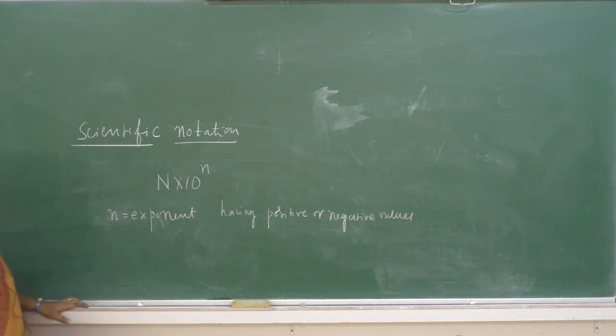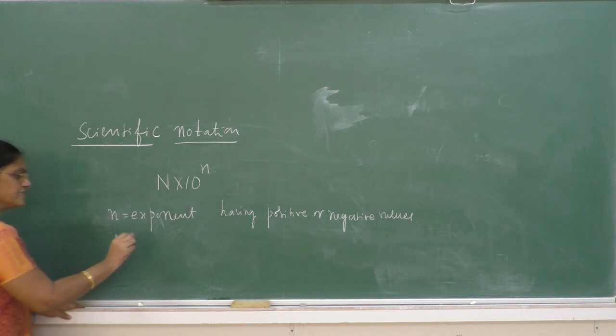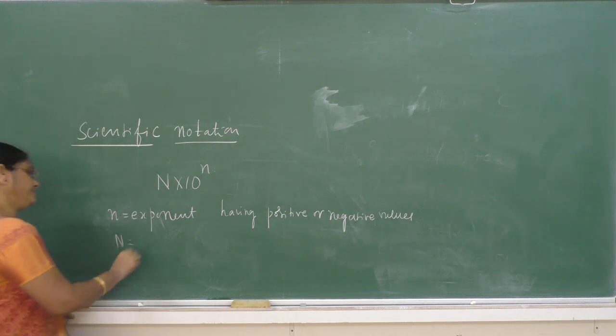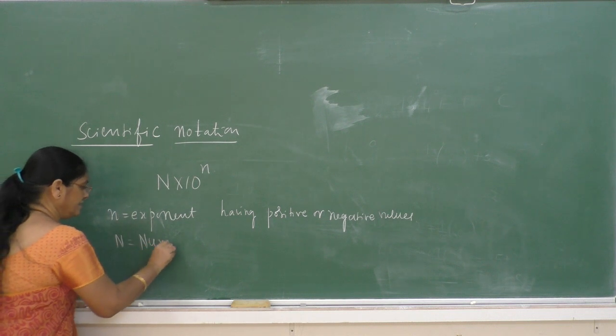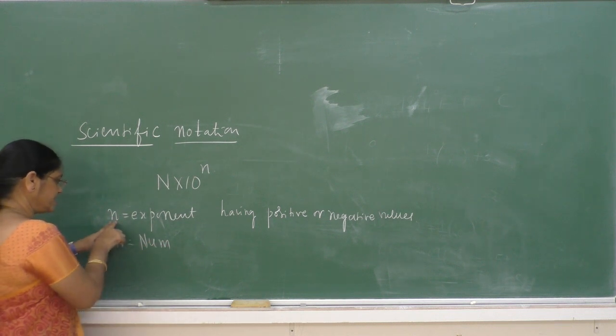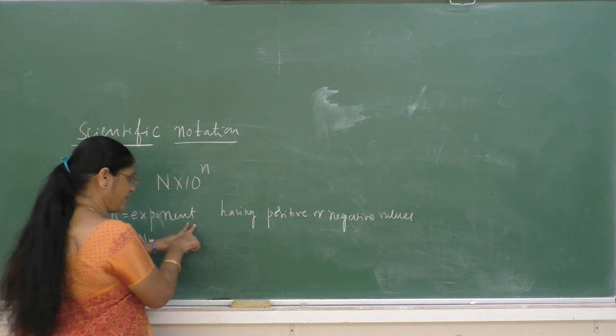Capital N is the number, and small n represents the exponent.